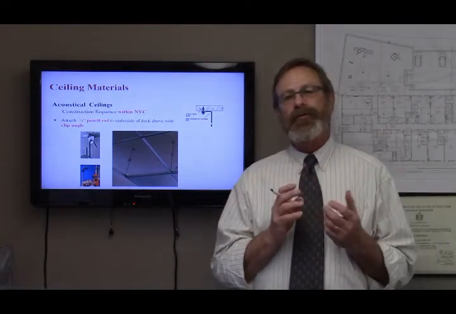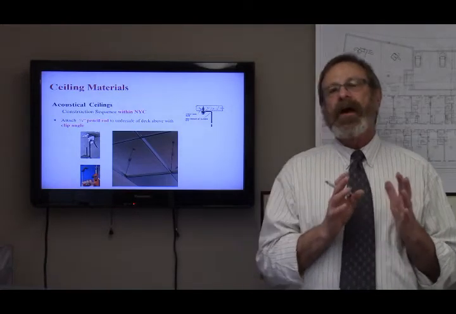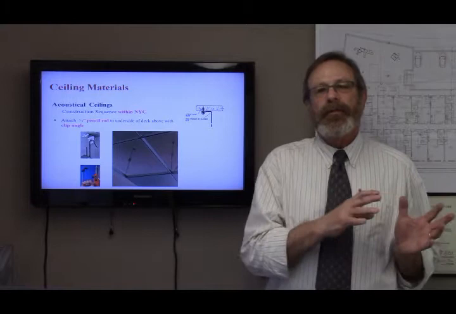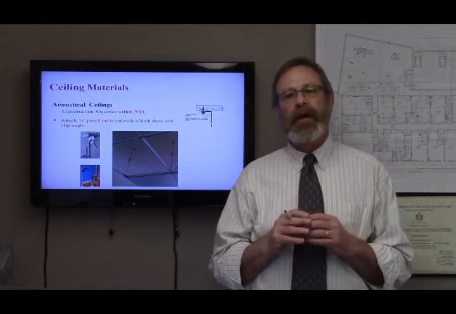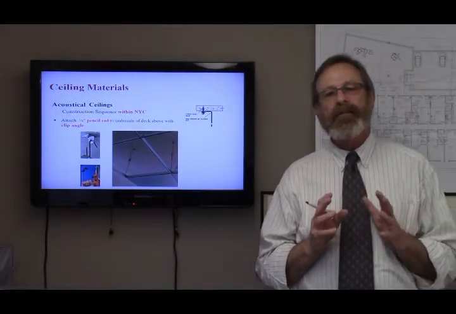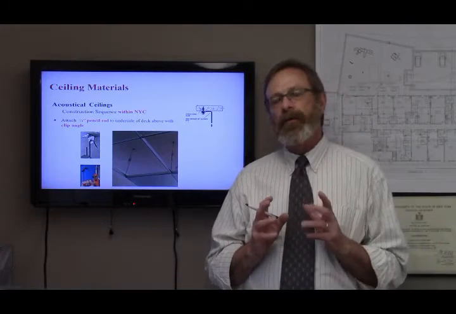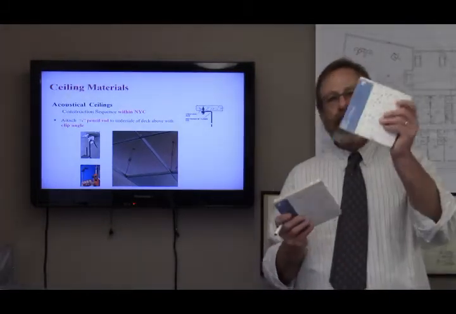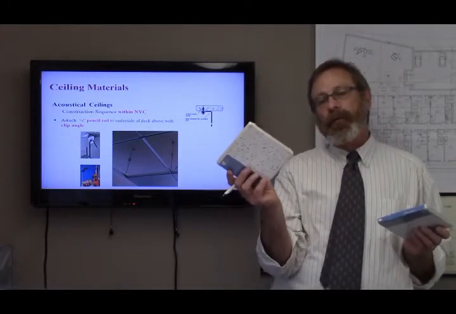Now, within the 5 boroughs of New York City, there's a requirement unlike any other place in most of the country. It's stricter, and we're going to talk about that first, of how those acoustical ceilings, 2x4 or 2x2, are constructed.